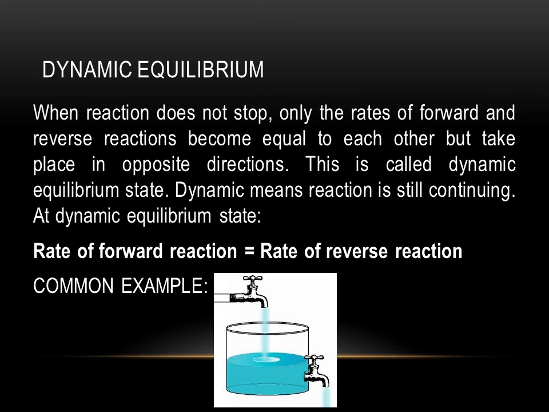In this way, motion is taking place in the water. Water is coming into the container as well as moving out of the container. But the total amount of water in the container will remain the same, because the amount of water coming in equalizes the amount of water moving out. So this is a very common example of dynamic equilibrium.